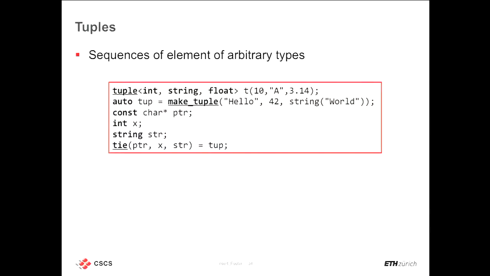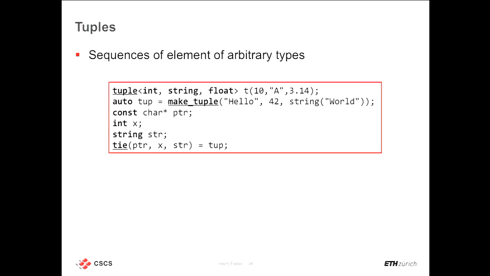We mentioned tuples. I think there's just one slide about tuples. Paolo will talk more about tuples. I don't know why it's here actually. I have something else in mind. But a tuple is just a sequence of elements with different types. You have a tuple of an integer, a string, and a float, and you put them in there. You have the get method to get the value, but you have to specify the type too.